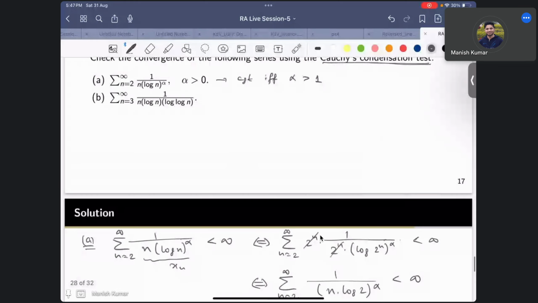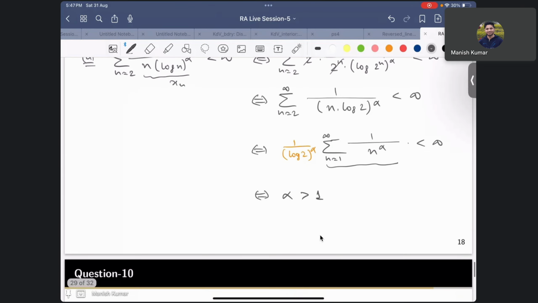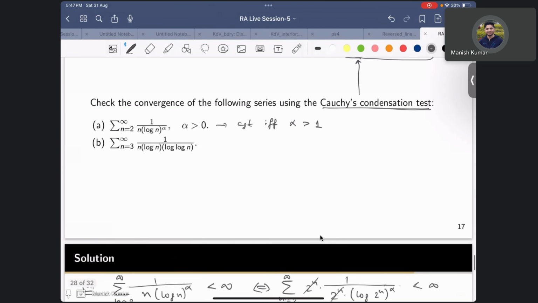Now let's come to the B part. What about alpha equal to 1? Does the test fail at equal to 1, sir? The summation of 1 by n power p is convergent if p is greater than 1, and if it is less than 1, it is divergent. What about equal to 1? No, that is also divergent, right?